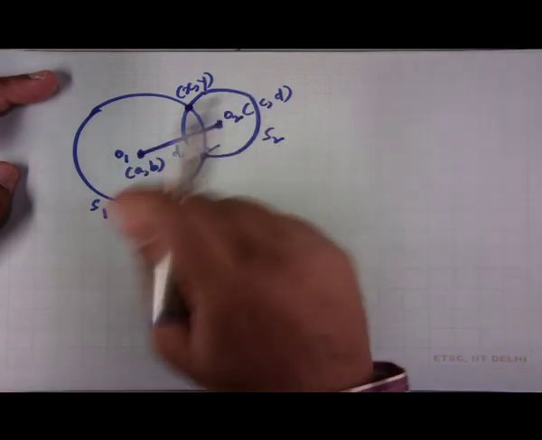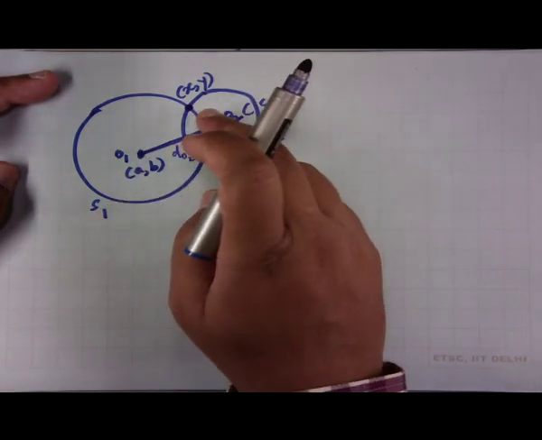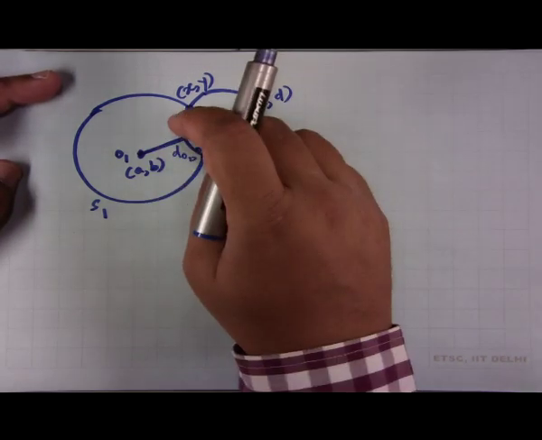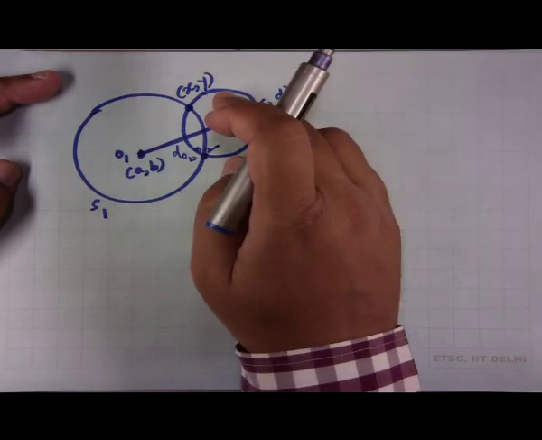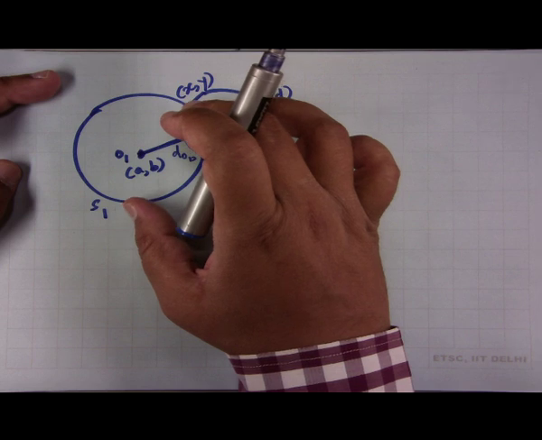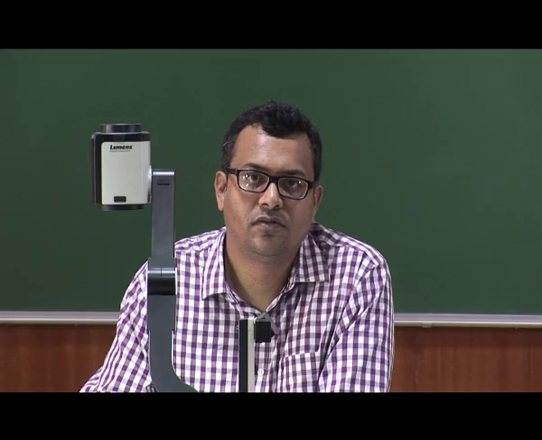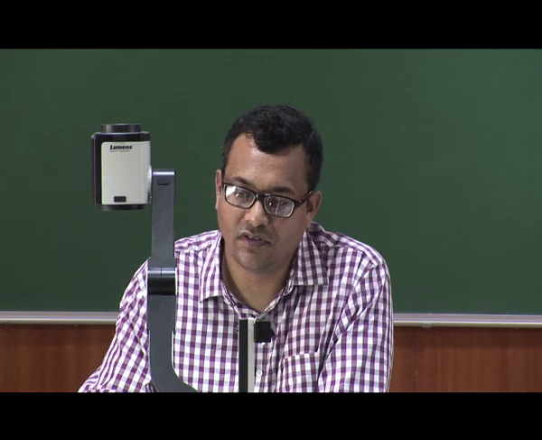Since S1 and S2 intersect at this point x comma y, this point x comma y lies on both the circles. Now, to solve this problem, we are going to use the parametric equation of a circle.